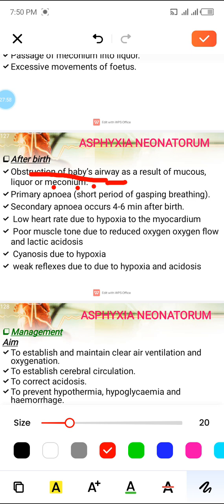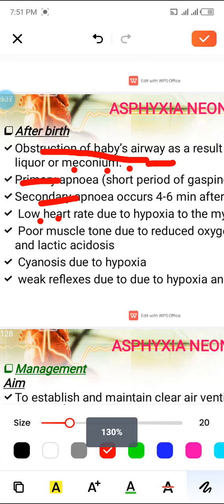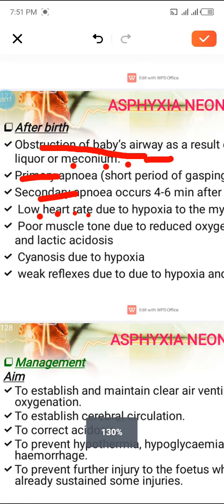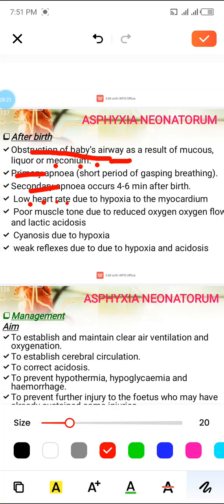Then you discover that there is either primary or secondary apnea, meaning there's temporal cessation of breathing. Now, when you discover that there is a low heart rate, this is bradycardia. So when you discover bradycardia, this infant is having asphyxia.